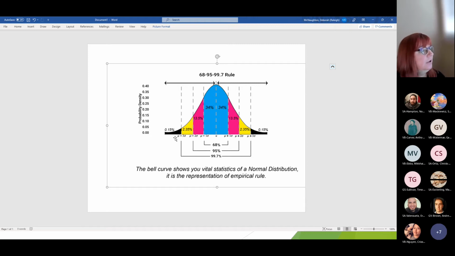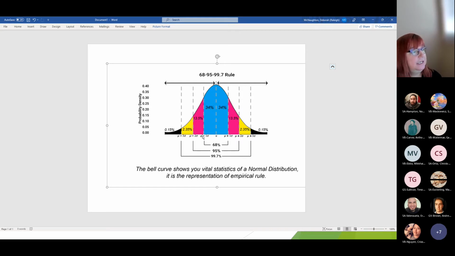So a z-score of -3 corresponds to the 0.15 percentile. A z-score of -2 corresponds to 0.15 plus 2.35, or the 2.5 percentile. A z-score of -1 corresponds to 0.15 plus 2.35 plus 13.5, which is 16%, so the 16th percentile.